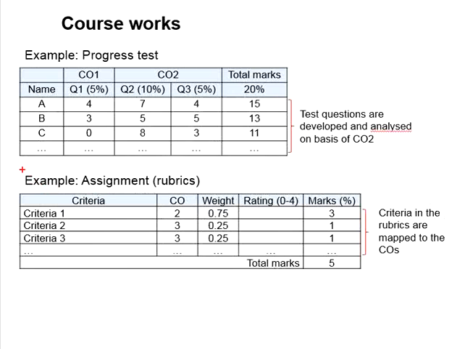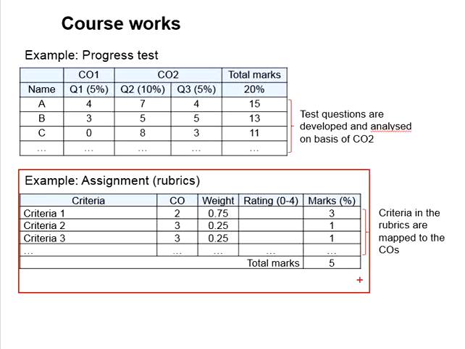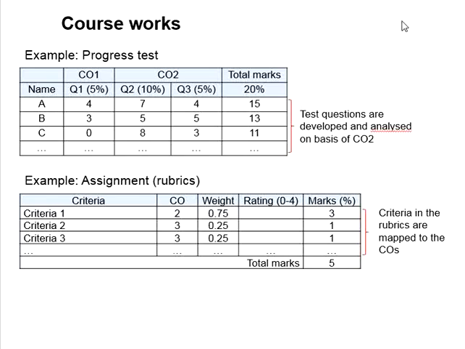Let's say now, this is the assessment rubric in its simplest mode. The performance criteria have been clearly stated here, rating from 0 to 4. Now, different criteria here may have different weightage due to the level of significance.